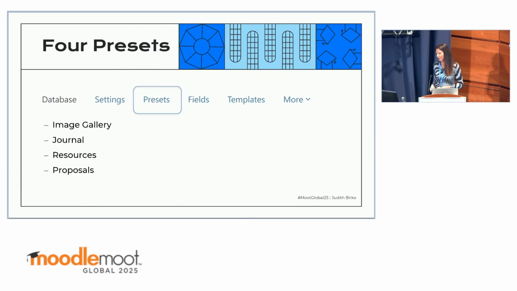So for those who are not that familiar with the database activity, very quickly, a recap. When you open the database activity in Moodle 4.5, you have these 4 presets: the image gallery, the resource, the journal, and the proposal.